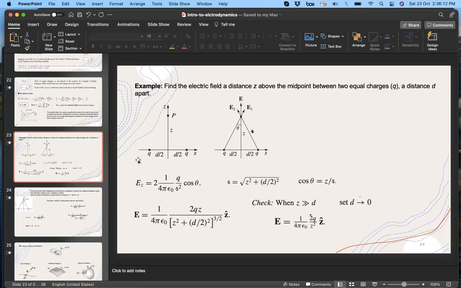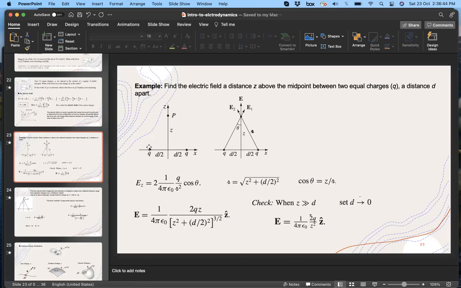In this configuration, we took z to be the midpoint between two equal charges q, separated by a distance d. Because this is just a discrete distribution of charges, according to the principle we learned, at any point where we want to find the electric field, we just need to use the superposition principle.